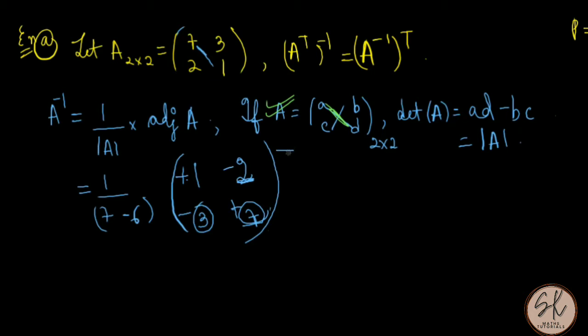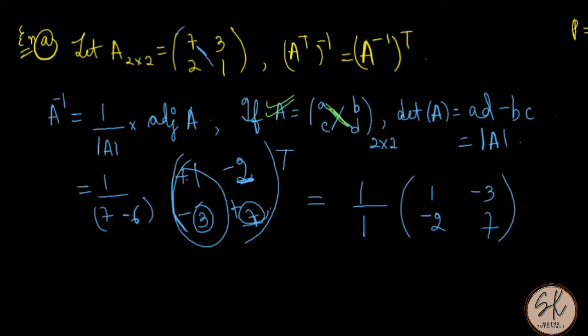Now we will find its transpose. So this is equal to 1 by 1 into 1, minus 3, minus 2, 7. While applying transpose, the column will change to row and row will change to column. So this is A inverse.